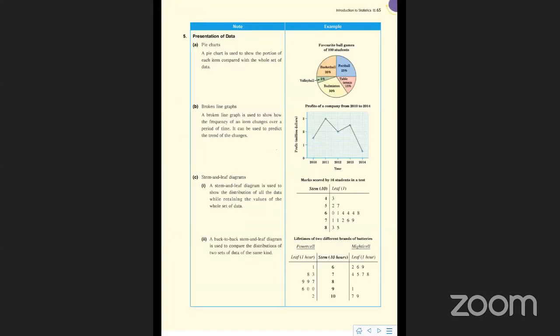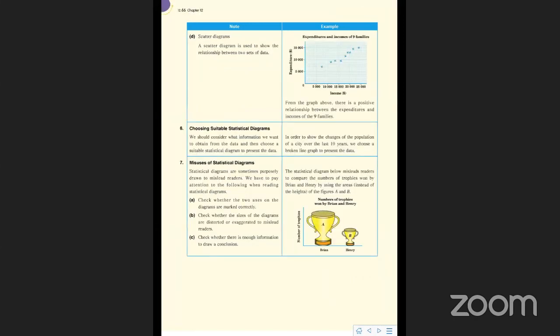And then this one we went through yesterday. Therefore you can have a look at it later by yourself. And then for this one, if you don't understand much at this moment, no worry.